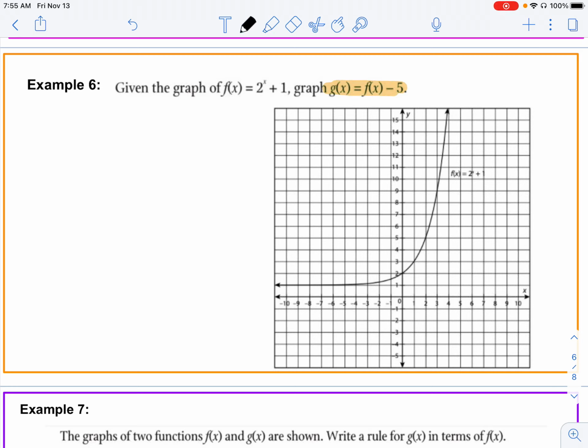And so this notation says, let's take f of x and let's shift it down 5 units.